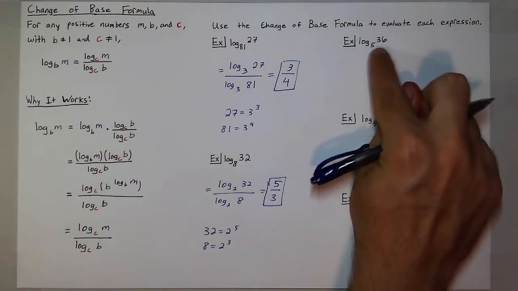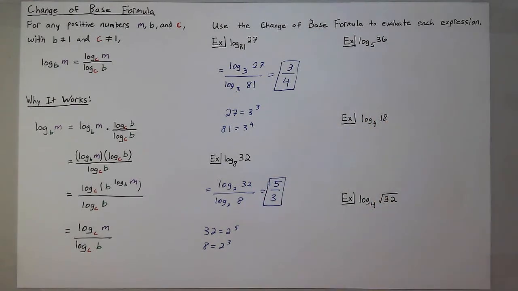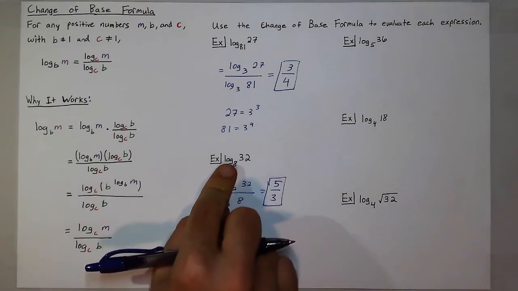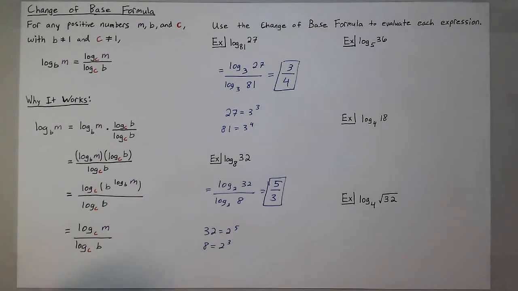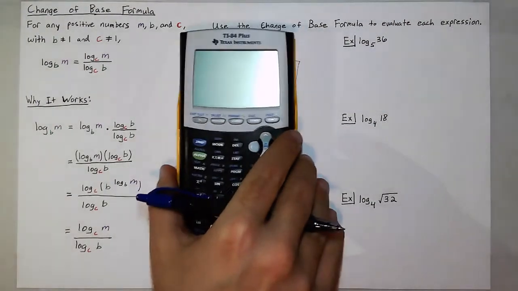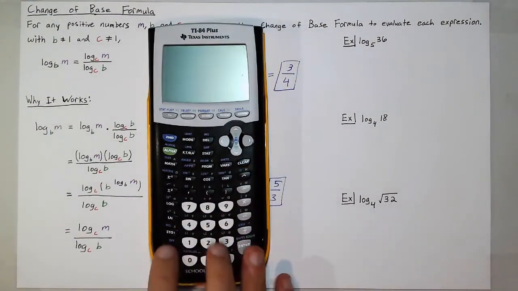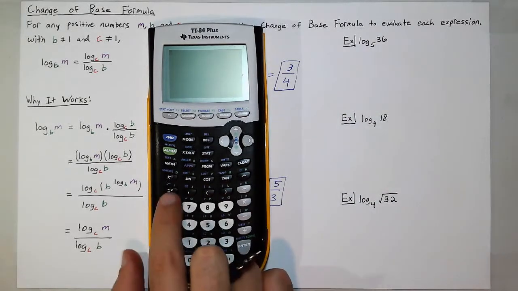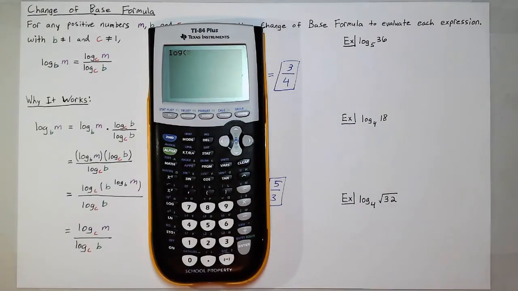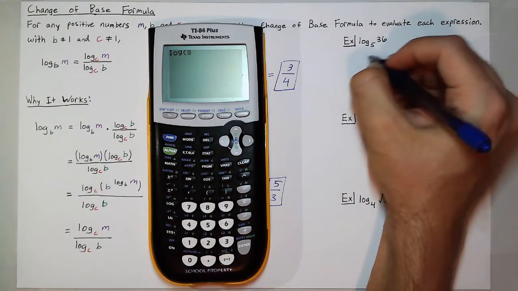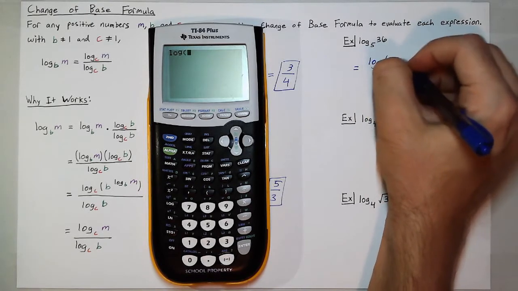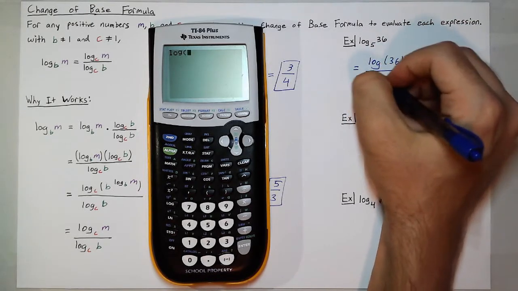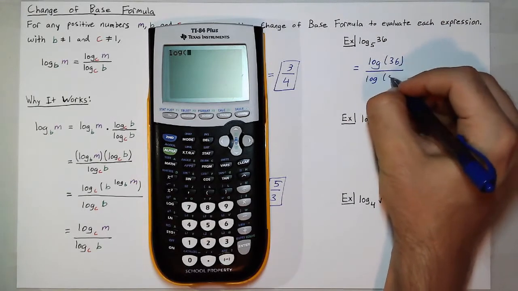Now let's say that pattern doesn't hold up the same way it did on the left here, where you don't always see powers of one number in your base and in your inside number. Well, we can still use this, and we can use a calculator to help us find that number. Now, since the base can be anything, let's say that base is the common log, just log, which is log base 10. I can rewrite this expression as log of that inside number, 36, divided by log of the base, 5.